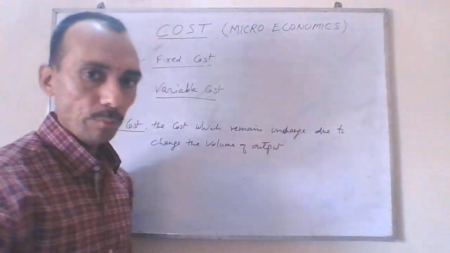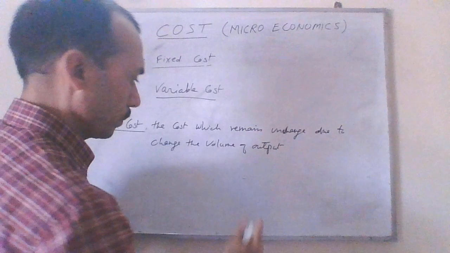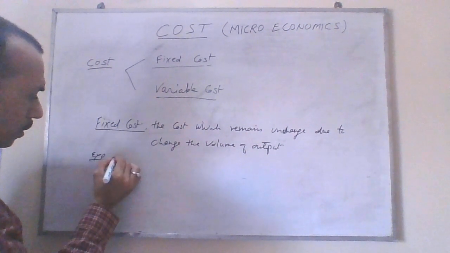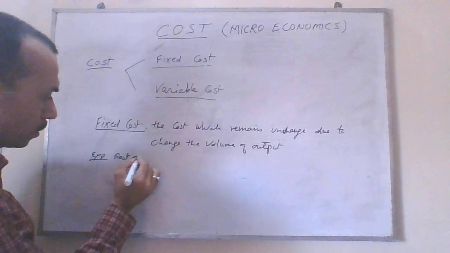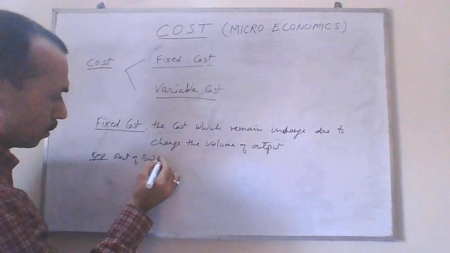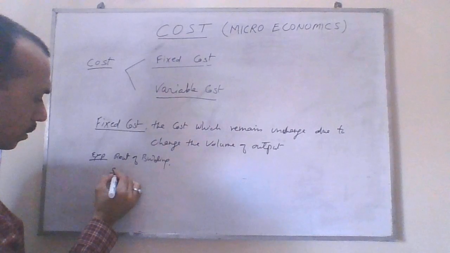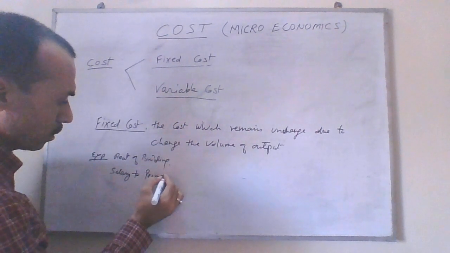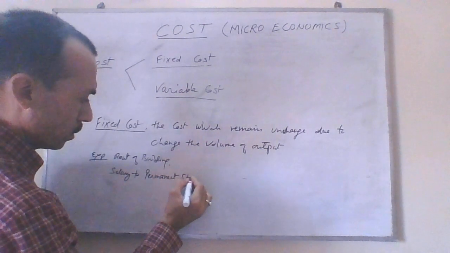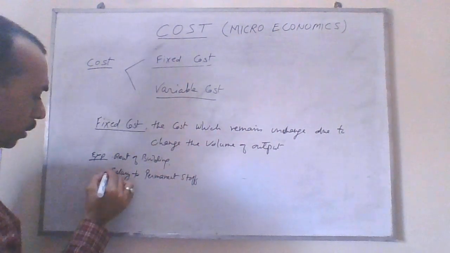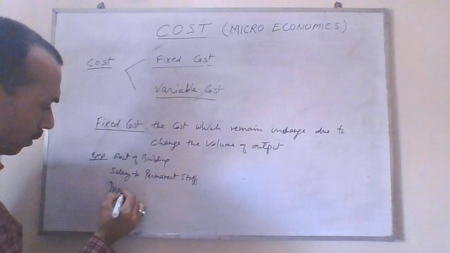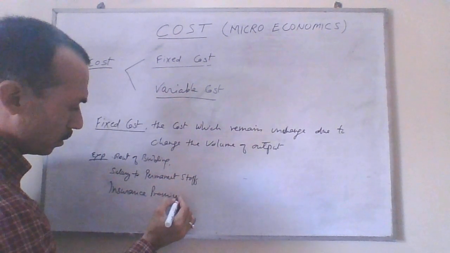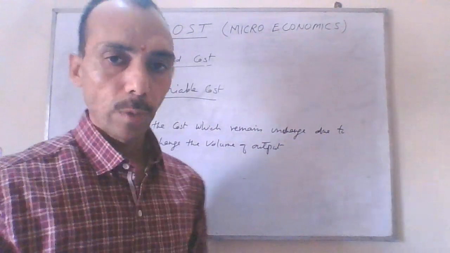When the output changes, the fixed cost remains unchanged. For example, rent of building, salary to permanent staff, insurance premium. These are some examples of fixed cost.